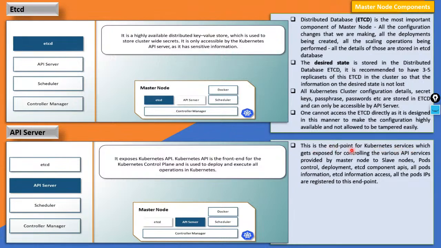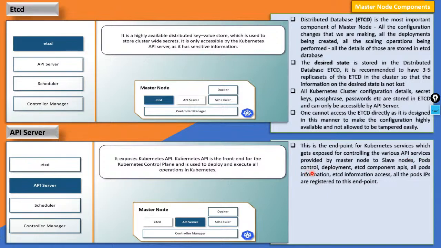As I told you, everything will come to this, and this is the endpoint for Kubernetes services, which gets exposed for controlling the various API services provided by the master node to slave nodes.